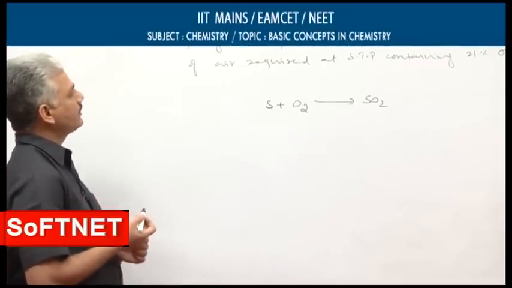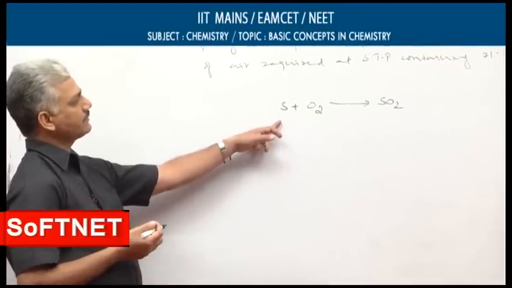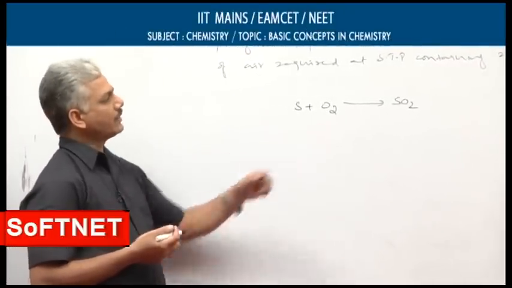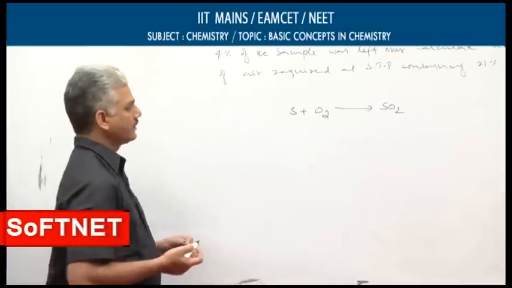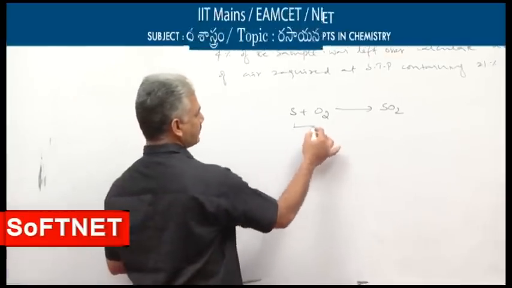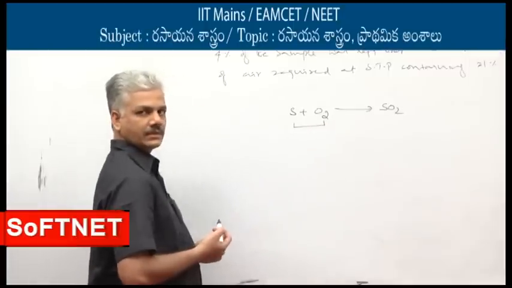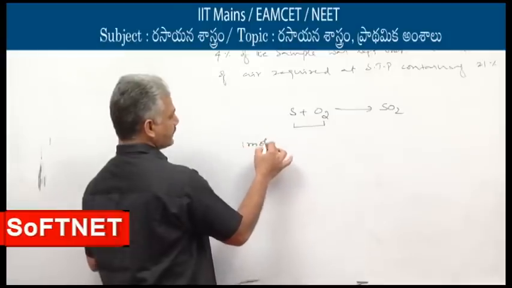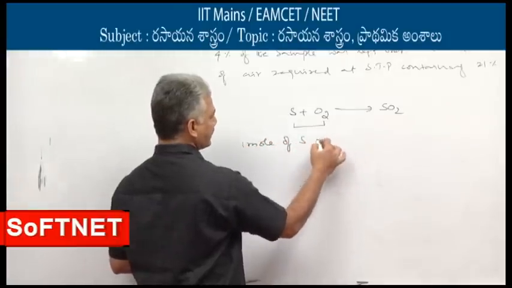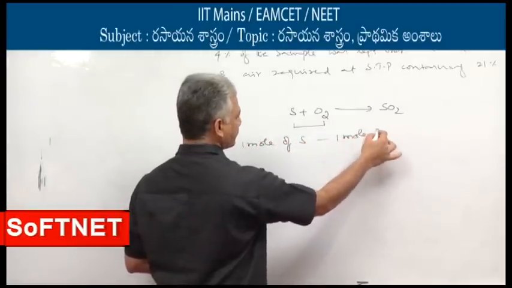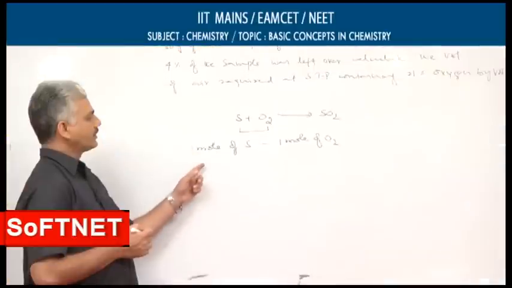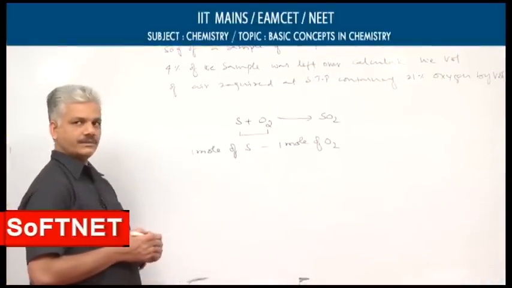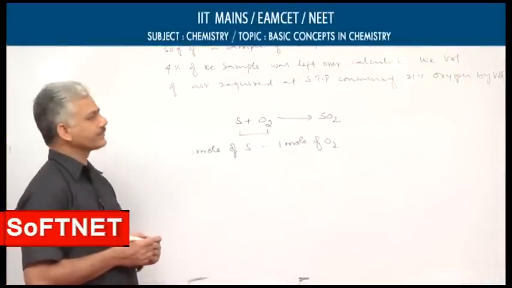Now, what we need to calculate is the weight of sulfur and the amount of oxygen. So, the molar relation has to be taken between sulfur and oxygen. 1 mole of sulfur can react with 1 mole of oxygen.